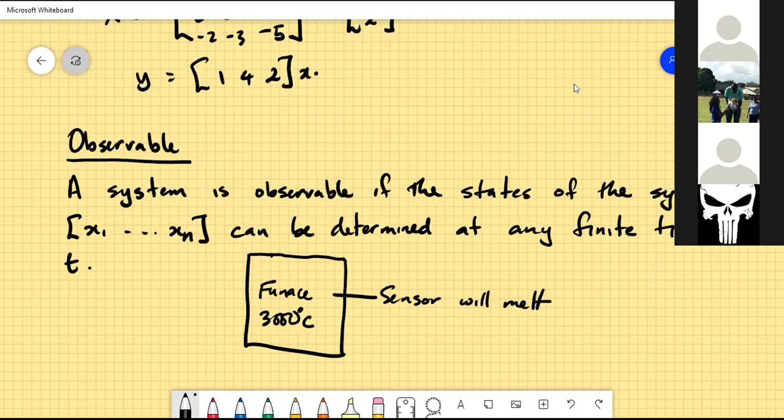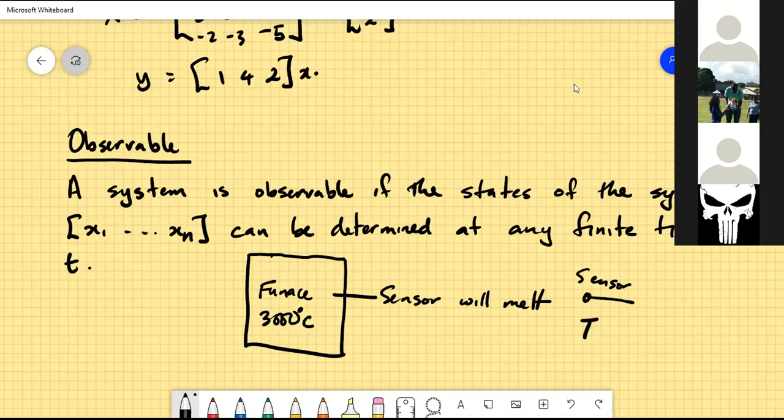So if you put the sensor out here and take the temperature out here, you can calculate what you think the temperature inside the furnace is going to be.